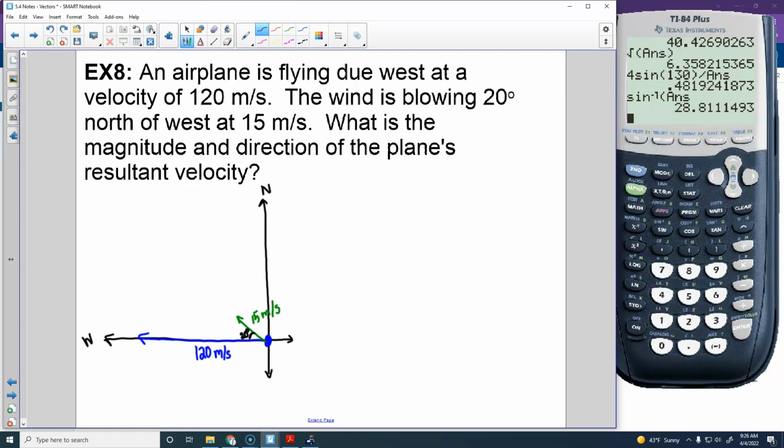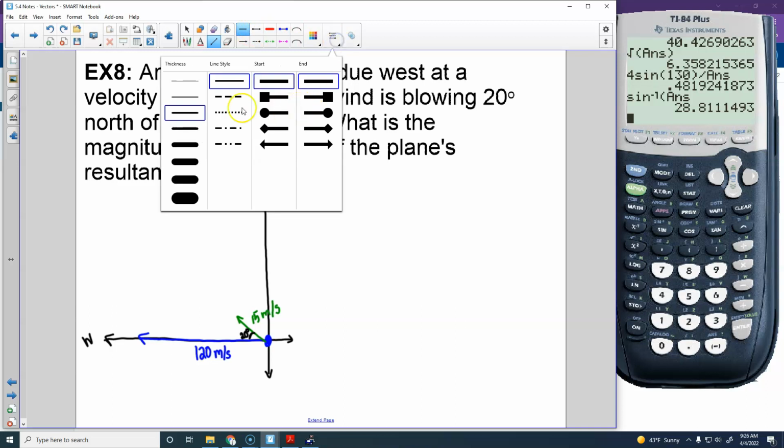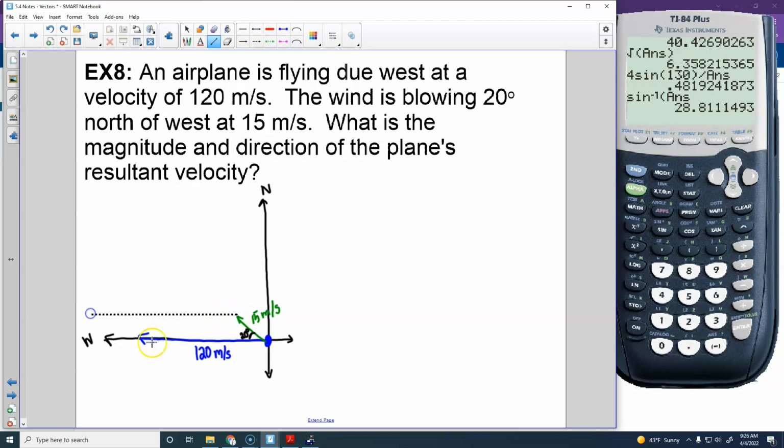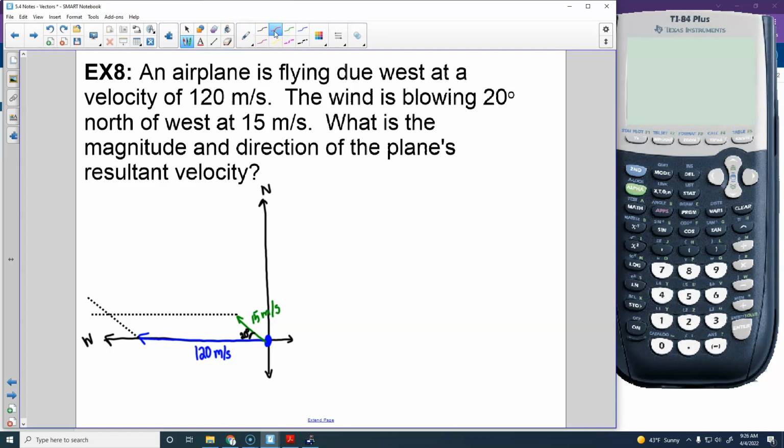Okay, so we need to draw ourselves a parallelogram here. I'm going to use those dotted lines again. One dotted line parallel to the blue vector, another one parallel to my green vector here. It's close anyway.